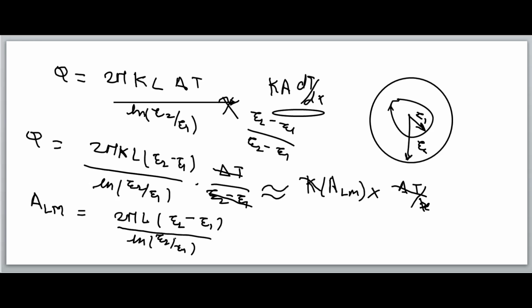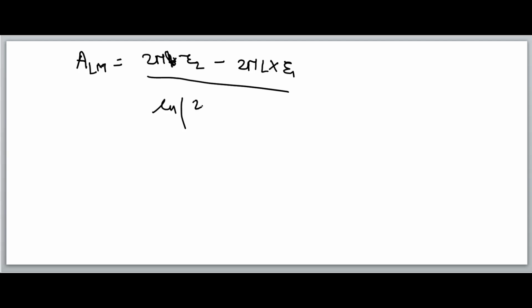So from this equation we can write area LM, that is log mean area, will be equals to 2 pi L into R2 minus 2 pi L into R1 divided by ln of 2 pi R2 L upon 2 pi R1 L. Here we have multiplied and divided by 2 pi L, that is this L will get cancelled, this 2 pi will get cancelled, but we have simply multiplied and divided the denominator by 2 pi L. We know the area of the inner surface of the cylinder A1 is 2 pi L R1.